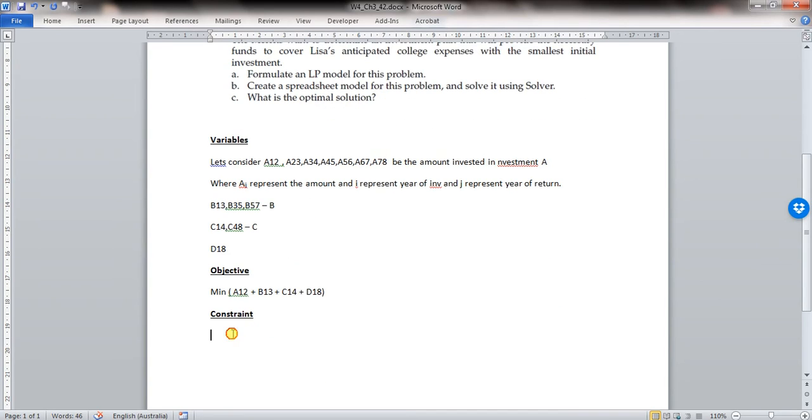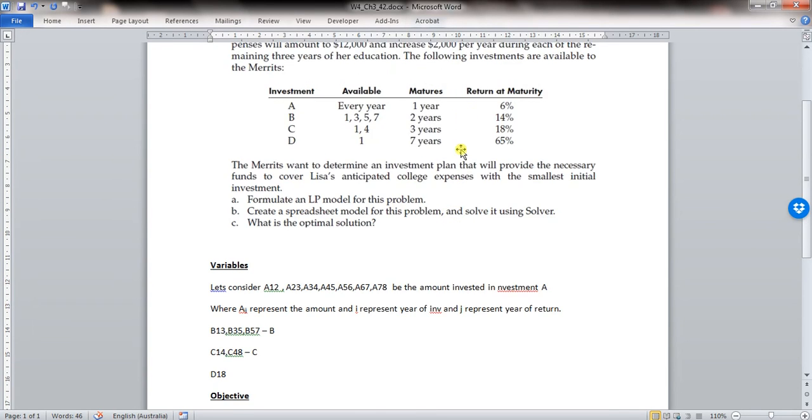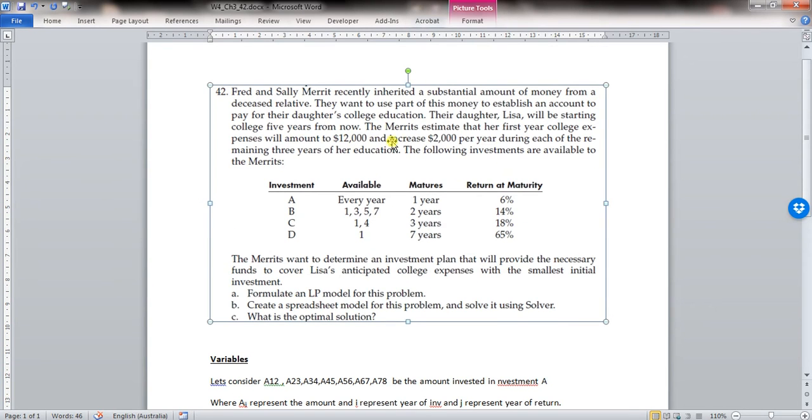So the constraint would be, for any investment in the year 6, the net fund of these investments returned at the beginning of year 6 should be 12,000. For 7 it should be 14,000, likewise.